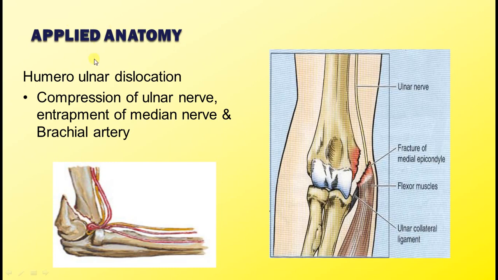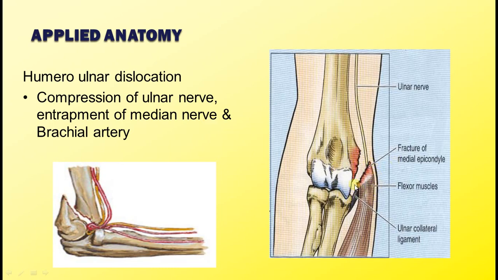Entrapment of the ulnar nerve might lead to claw hand, or entrapment of the median nerve might lead to pronator teres syndrome or other associated injuries related to the median nerve.